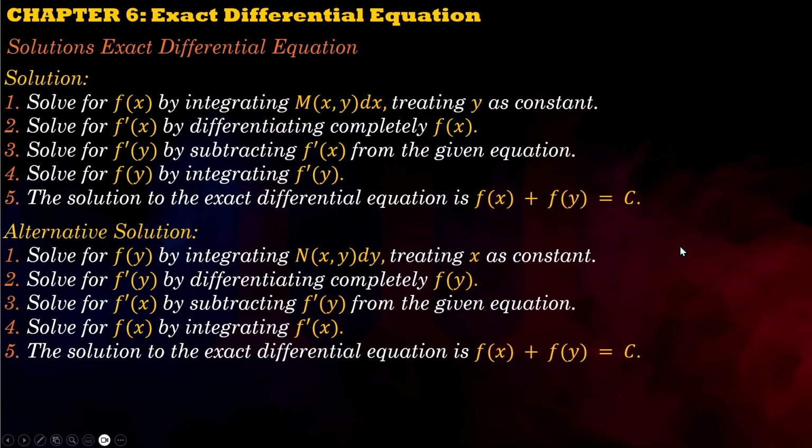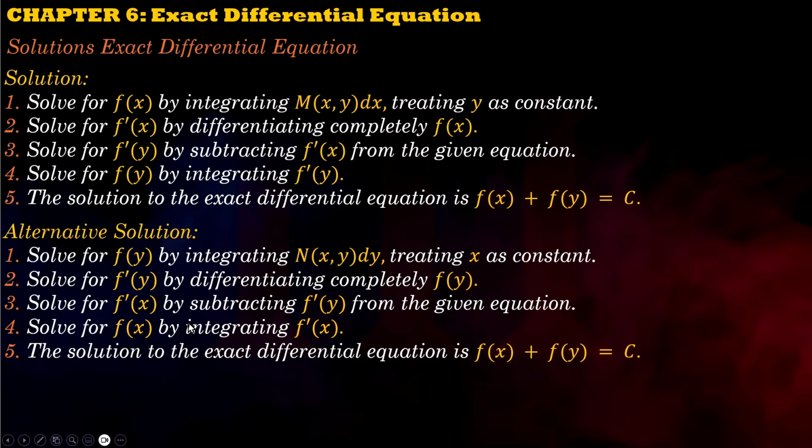And there's also an alternate solution wherein instead of f of x, we have to solve for f of y first. How? By integrating N of x and y dy, treating x as a constant. So basically, we have just switched the variables around. Then solve for f prime of y by differentiating completely f of y.